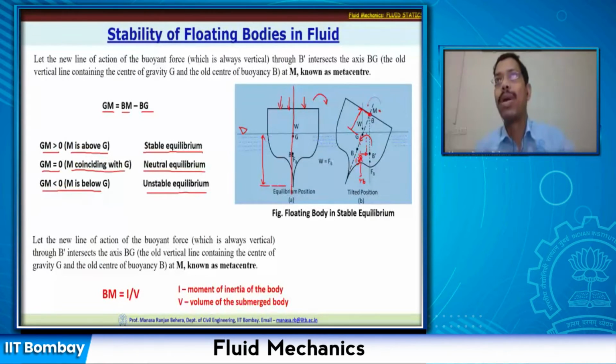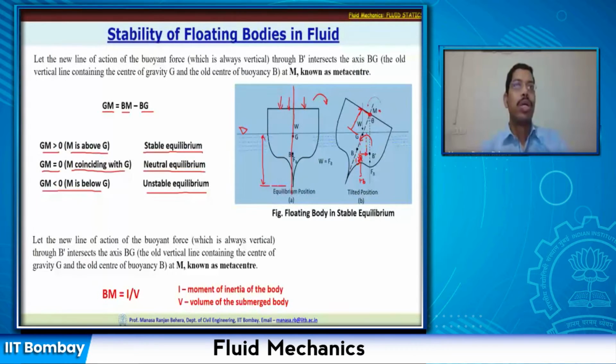This clockwise moment will again lead to further displacement of this body, and this complete body is going to be unstable. So you should not have that condition. In case of floating bodies, it is important to find the distance of the center of gravity to the metacenter, and then we will be able to ensure whether the body is in stable, neutral, or unstable equilibrium.